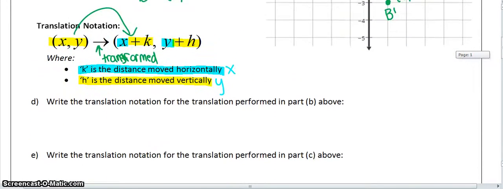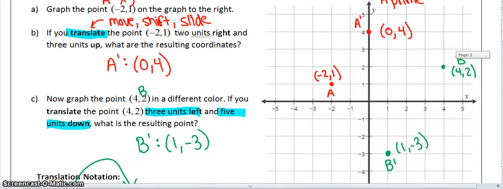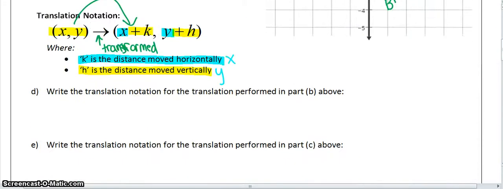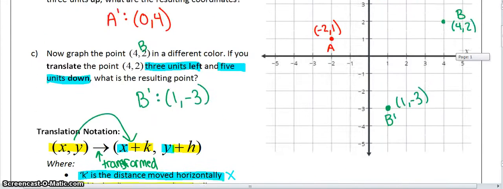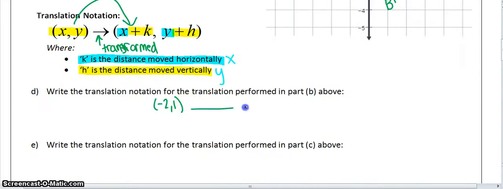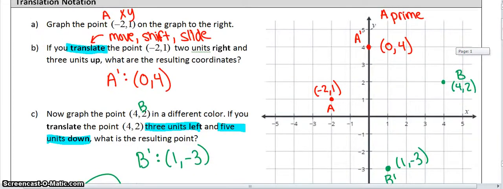So I want to take this and write it in translation notation. I'll do one and talk about it, and then you can try one on your own. Our first one, we started at (-2, 1). From (-2, 1), we move 2 units right and 3 units up.